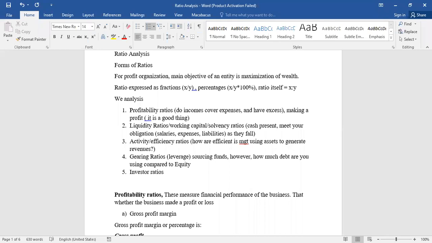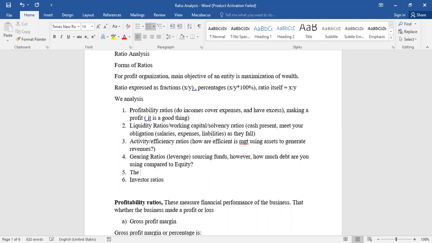So if debt exceeds equity, then it's always a problem. Gearing always looks at the ratio of debt to equity. It's only good for the business if you have less debt.